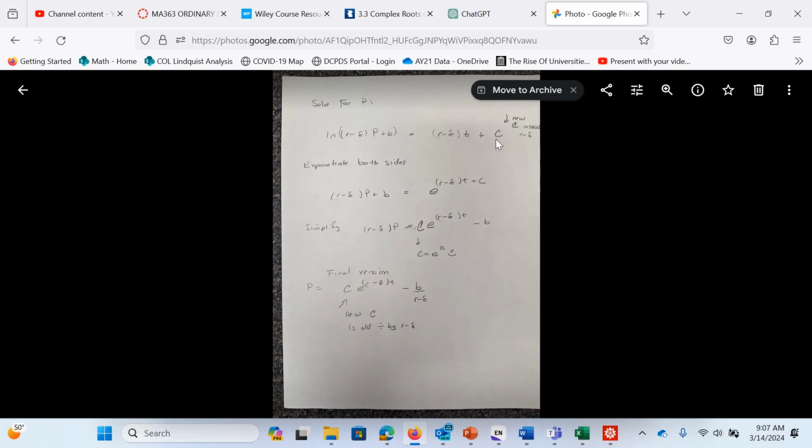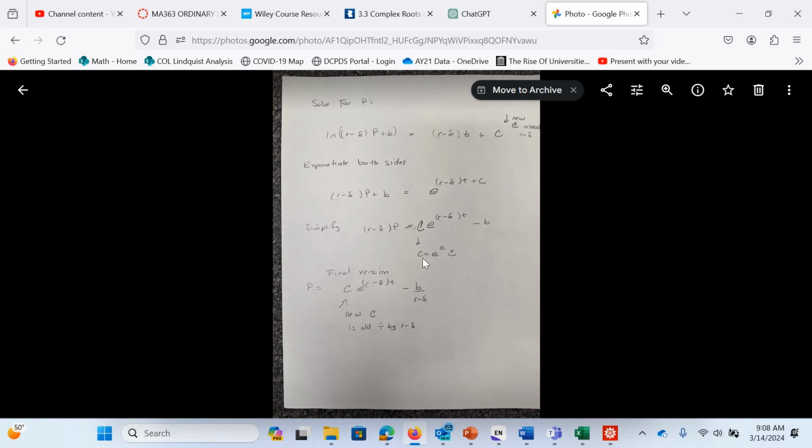Notice that the right-hand side had a b on it, but then this is going to be a new c after I integrate, after I multiply through by r minus delta, and then I exponentiate both sides, so I get this over here, and then I simplify by bringing the minus b over first.